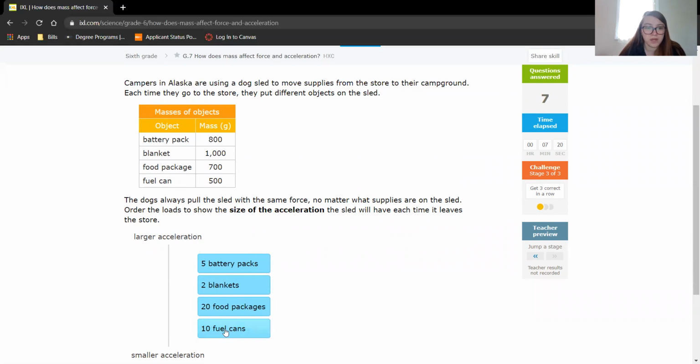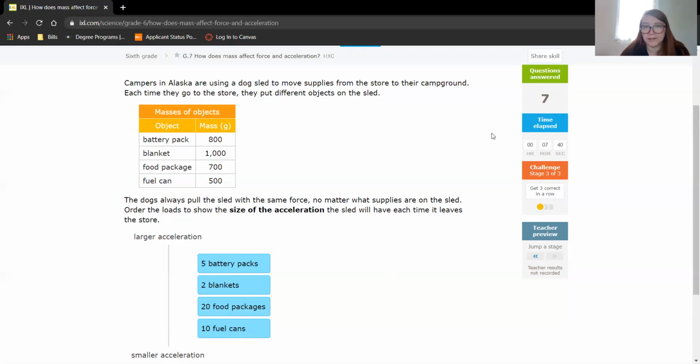So 10 fuel cans, each fuel can is 500 grams. That's going to be 10 times 5, I think it's 15,000. 20 food packages. I should probably write this down.